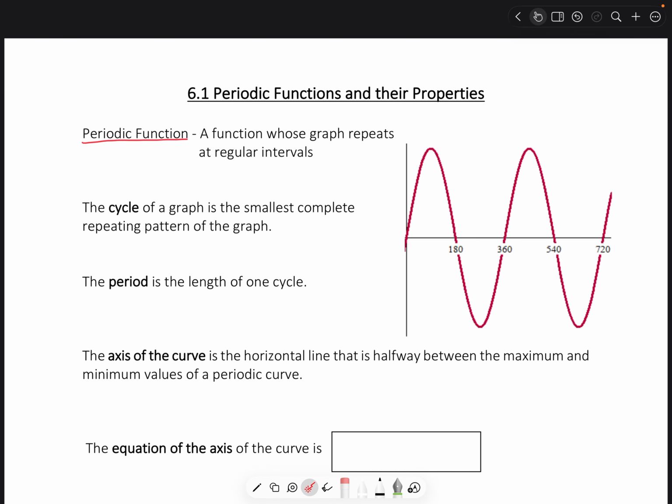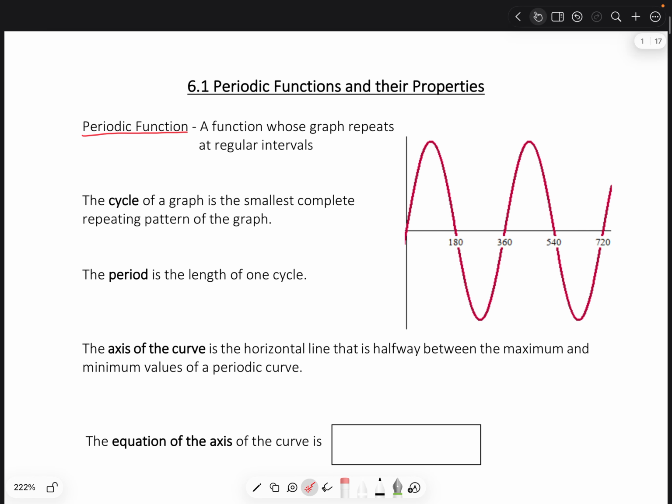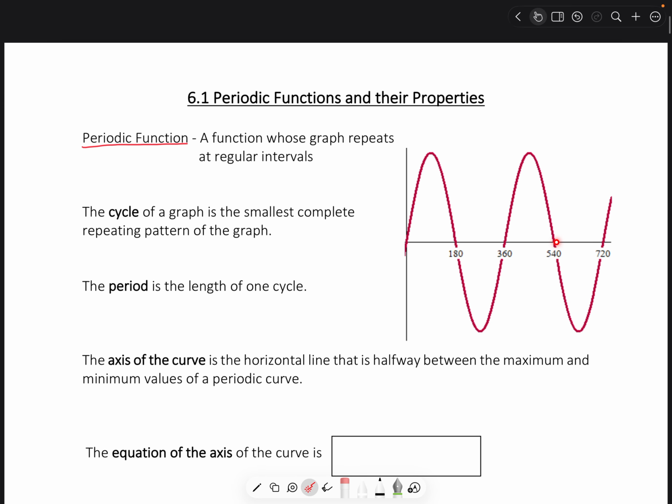But now, if you look here, let's say there's a point at 540. This point and 180 here, they both are repeating at the same interval, which is basically when you add a value to x.